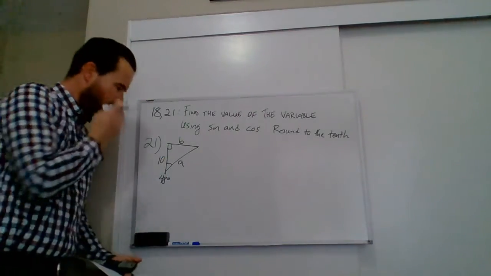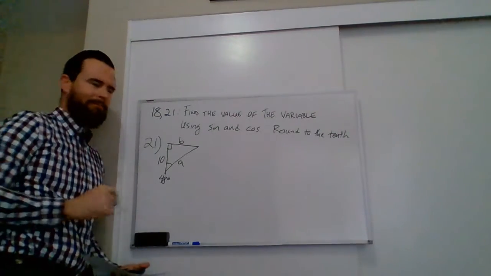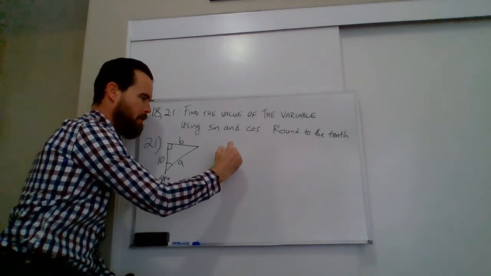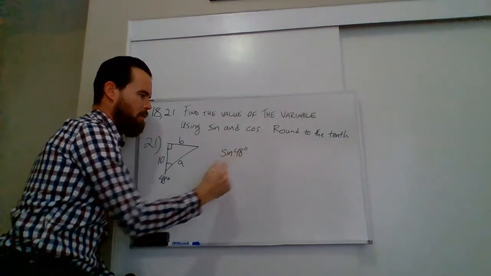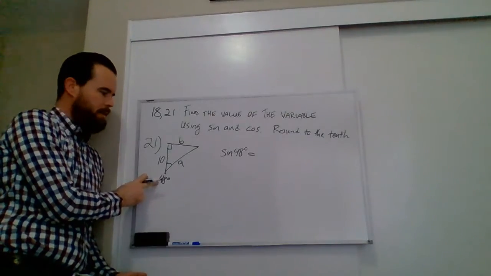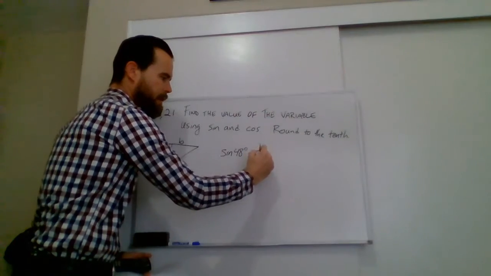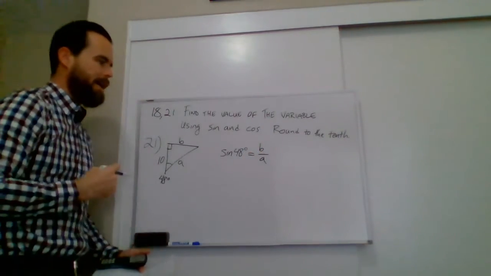All right, I'm going to start off with sine. Let's try sine of 48. The sine ratio is the opposite over the hypotenuse, so we have B over A.